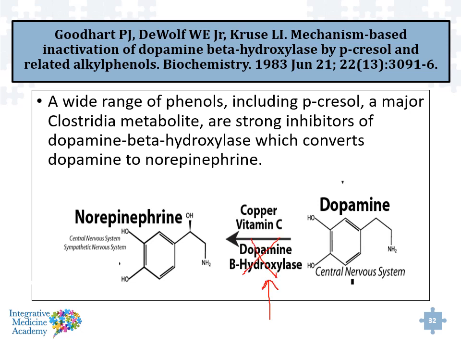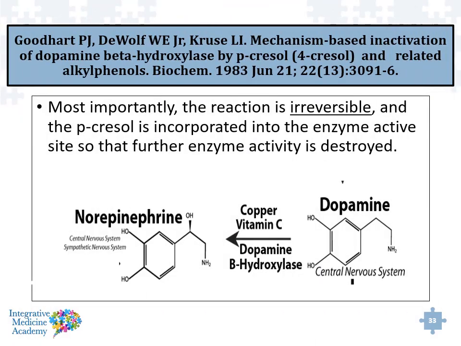And if we interfere with dopamine beta hydroxylase, we don't get adequate conversion of dopamine to norepinephrine. And that's where we have the downstream toxic effects of too much dopamine. Now, when the cresol, in this case, binds to the dopamine beta hydroxylase, it renders it completely inactive. That doesn't mean every single dopamine beta hydroxylase in the body is being affected, but we get enough of it, whether it's in the peripheral nervous system, central nervous system, it will affect dopamine metabolism.